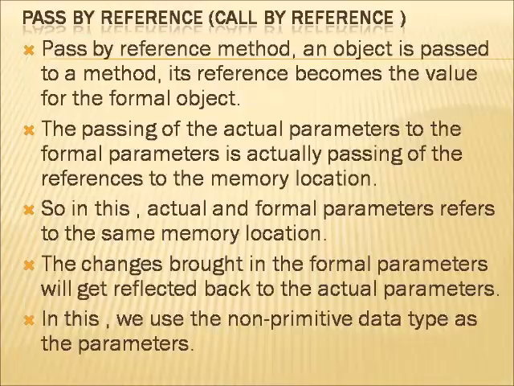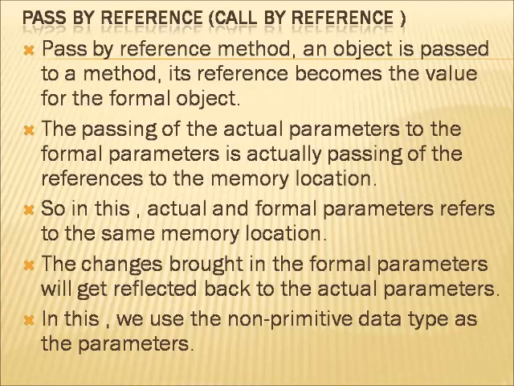In the case of pass by reference or call by reference, an object or a reference to the memory is passed as the parameter. Please note that in call by value, we were using primitive data types.